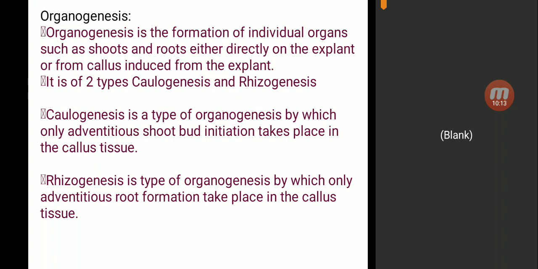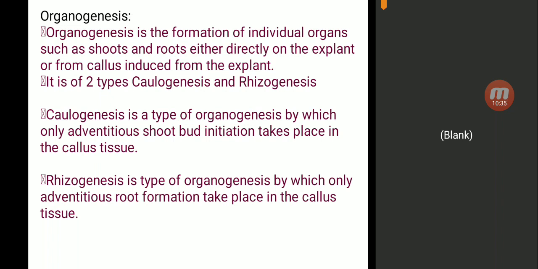Another important concept that I would be emphasizing here is organogenesis. This is also an important concept, and it has been asked in many of the previous question papers. Organogenesis is the formation of individual organs such as the shoots and the roots.